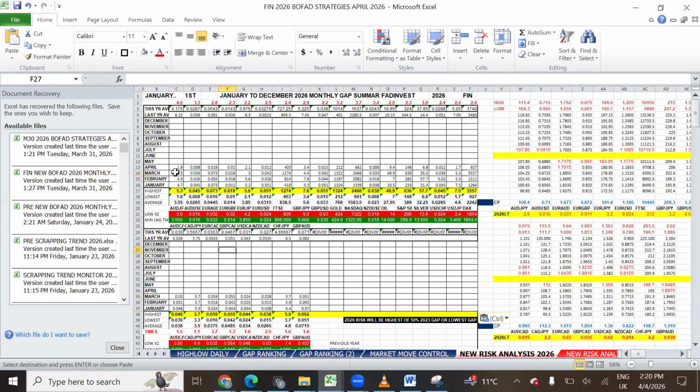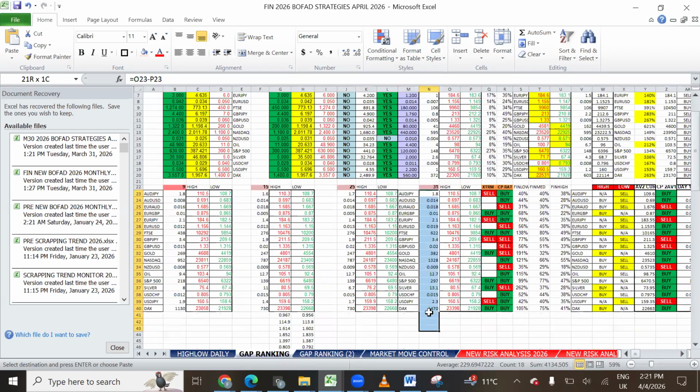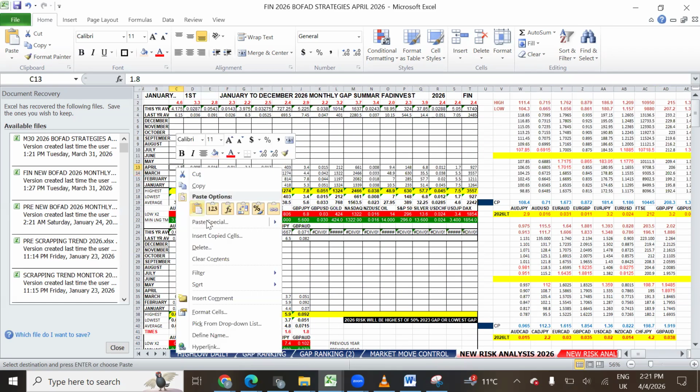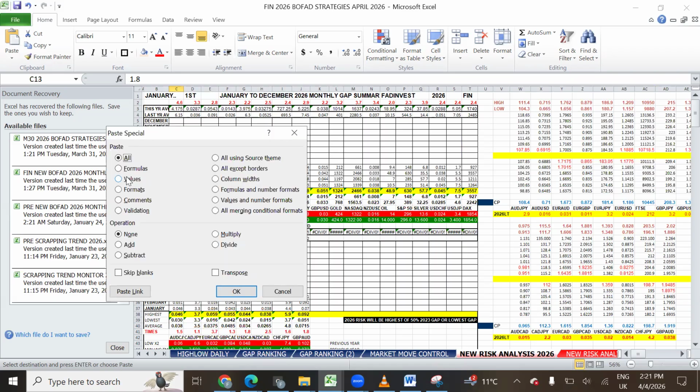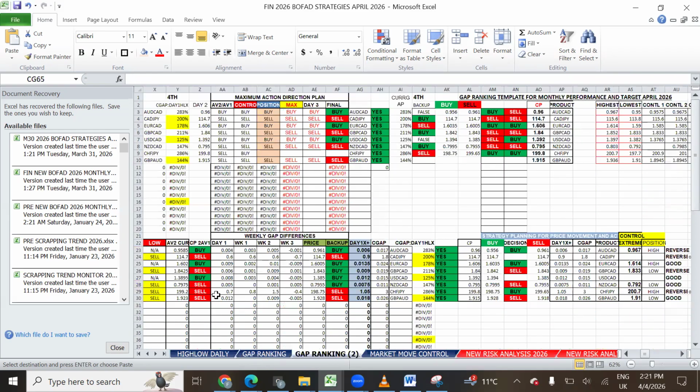So this is the different gaps every month. For example, in April so far, this is our gap in April so far. So I'm going to come here and paste here. Now you see, that's the difference between our high and low. Same thing for the gap ranking.